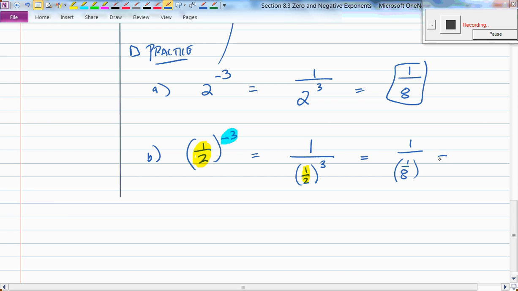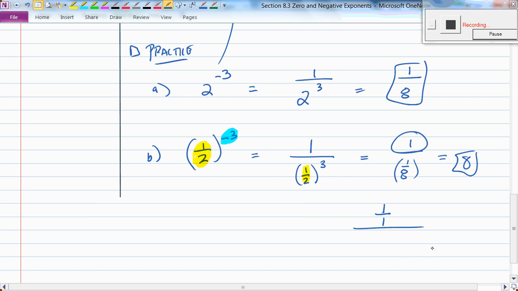And what's 1 over 1/8? You're thinking way too hard. It's easy. It's 8. How is 1 over 1/8 8? Because what's the numerator? 1. Can I write that as 1 divided by 1?